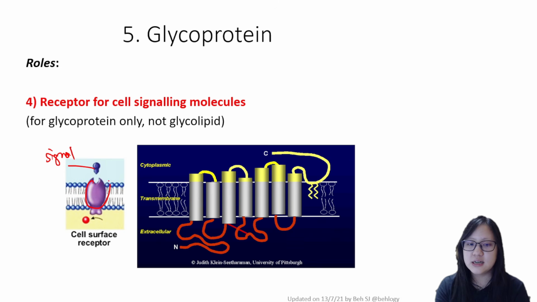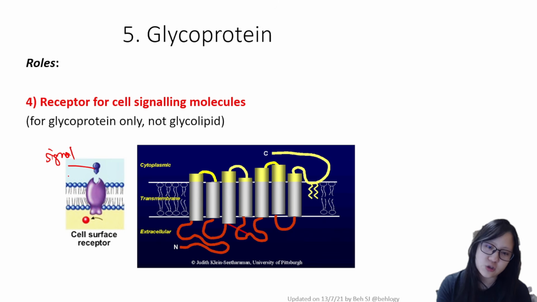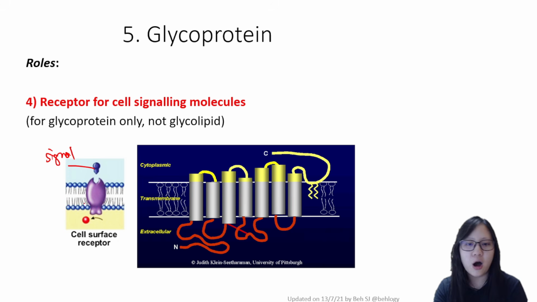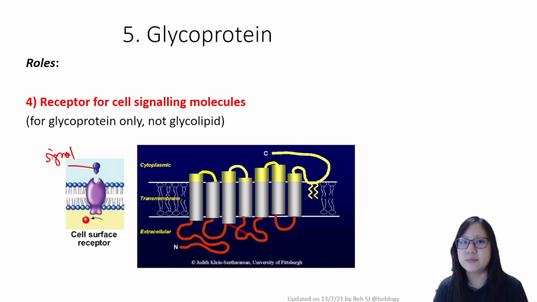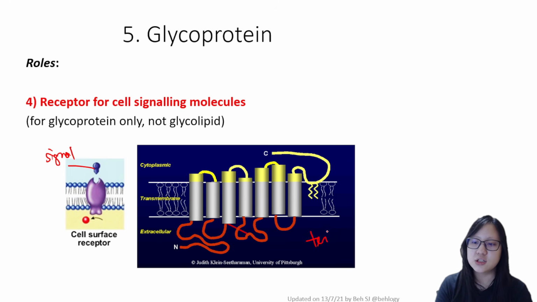Here we usually draw an oval shape or blob that symbolizes protein. But I want you to understand that the protein is always made of polypeptide chains, which has a primary structure at first, a specific sequence of amino acids, and then it coils and folds into a 3D shape. This one here is a tertiary structure.